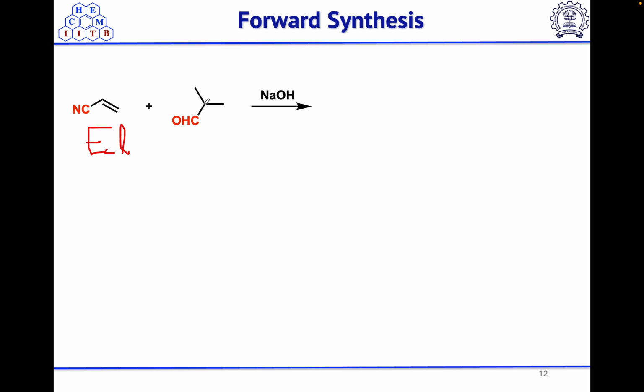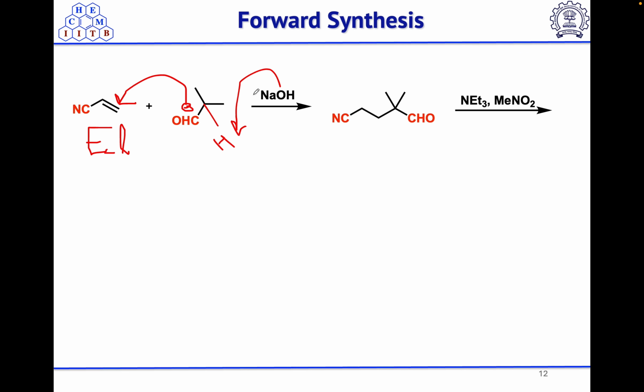We have a base, so we can abstract this proton and generate the corresponding anion, the alpha anion of the aldehyde, and that can add to this acrylonitrile, the alpha beta unsaturated cyanide compound, and this will give your addition product.